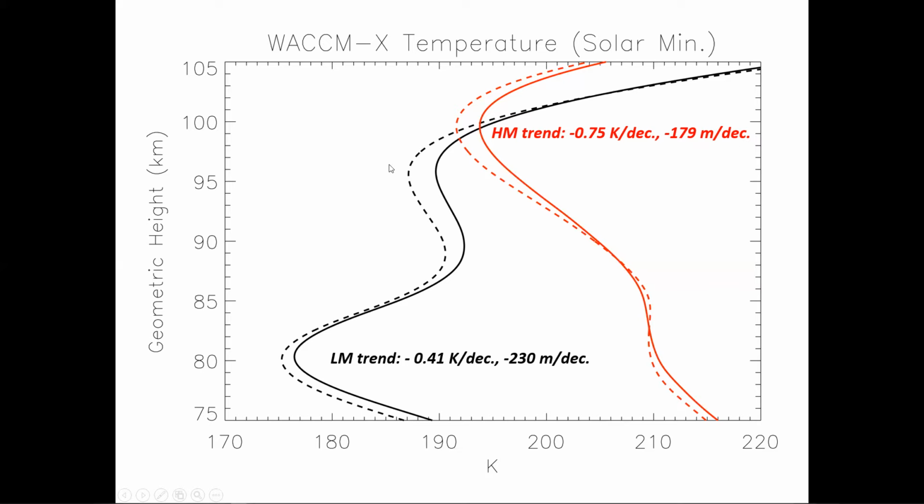Again, these model results are for the location near Utah and Colorado. So overall, the magnitude of the trend results in this model simulation are similar to the LiDAR measurement, but the cooling trend is less, and the dropping of mesopause height is also less than the LiDAR results.